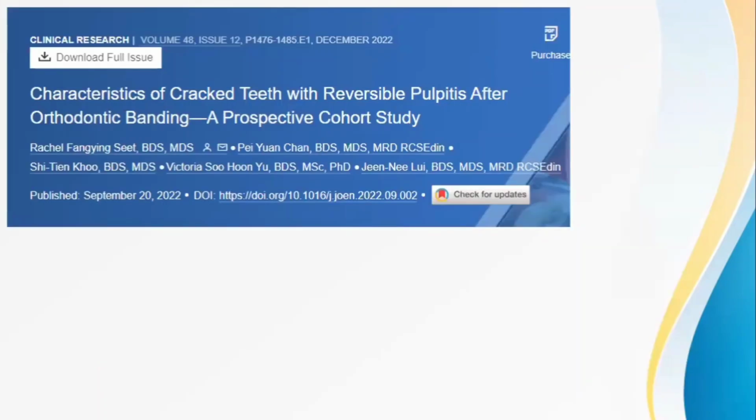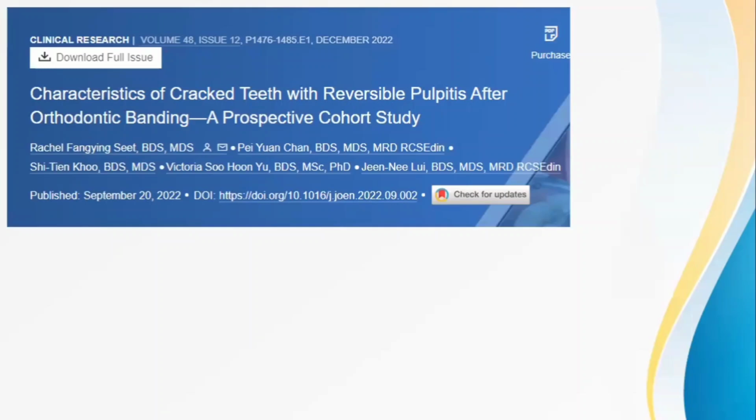This is the prospective cohort study published in the Journal of Endodontics. In this, 125 patients with cracked teeth with reversible pulpitis were recruited. Pre-op data, including patient and tooth factors, were collected. Cracked teeth were bonded and reviewed until symptoms resolved before referral for the coronal coverage.